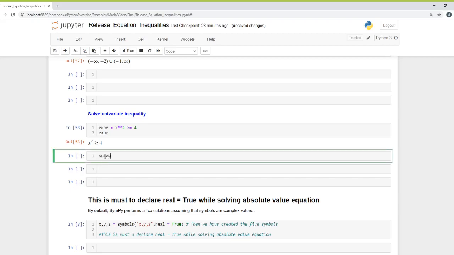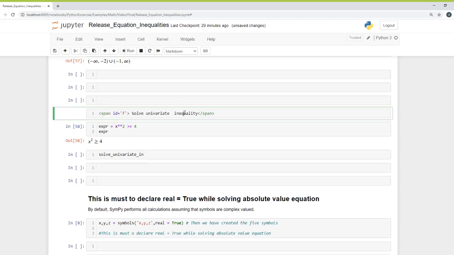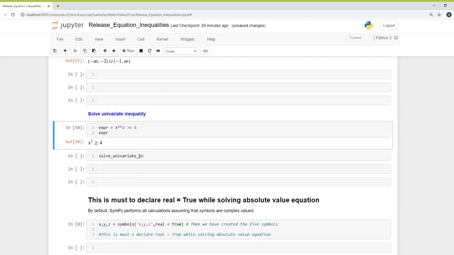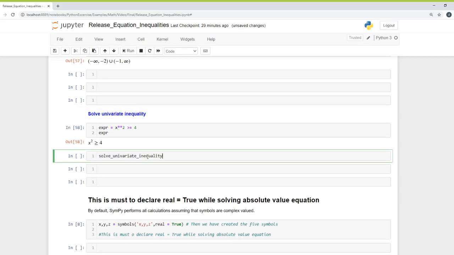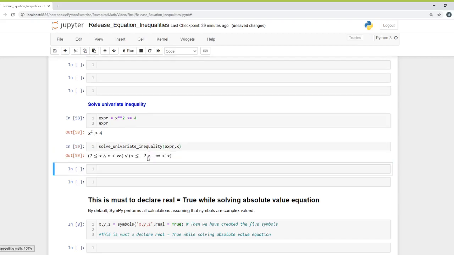We call solve_univariate_inequality and pass the values expr comma x. So this is our answer.